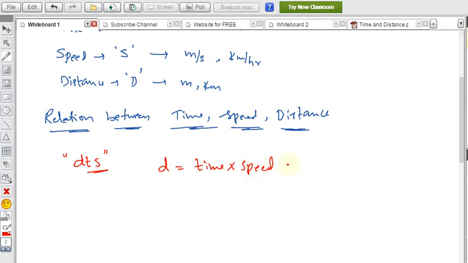Now using this we can find out the other formulas. Time is equal to distance by speed, because division: time into speed is distance, so time is equal to distance by speed. Then speed is equal to distance by time.